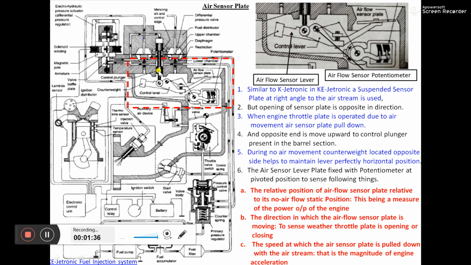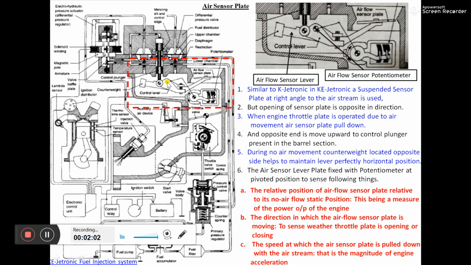We know the plunger reciprocating inside the barrel rests on the air sensor plate. In order to transfer the movement of the sensor plate to this plunger, it has the contact. So in the KE-Jetronic, this contact point is in front of the pivot. But in the K, the contact is behind the pivot.